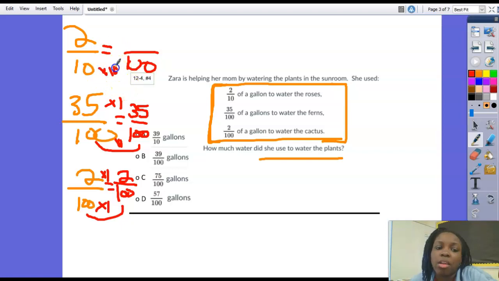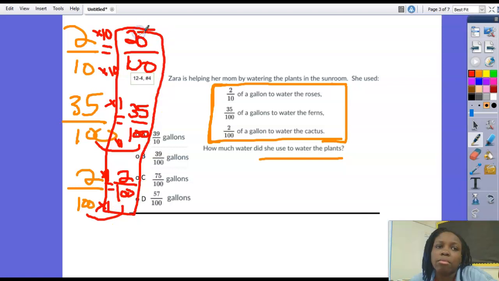Good, times 10. And then I'm going to times it up here. So what is 2 times 10? Good job, 20. So now I'm going to add these up. Once we add these up, what will I get? Good. So we get 57 out of 100 is our answer. So my answer is D.